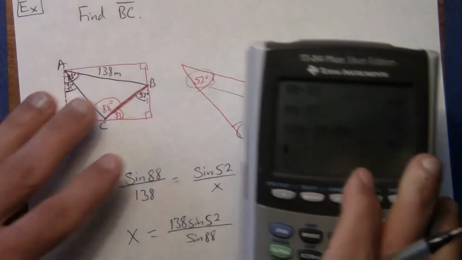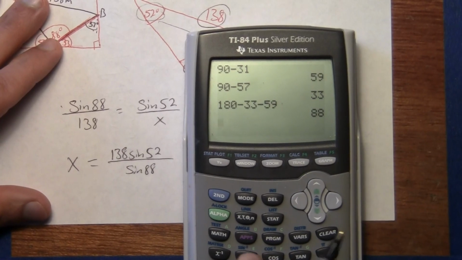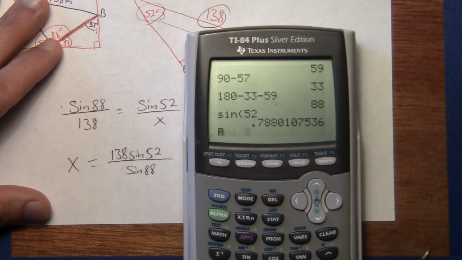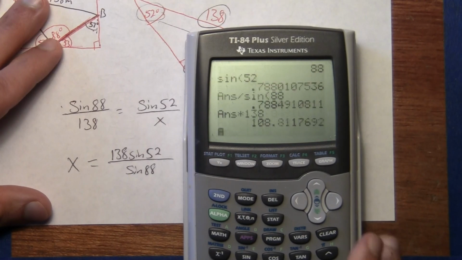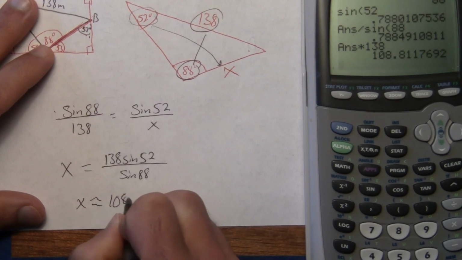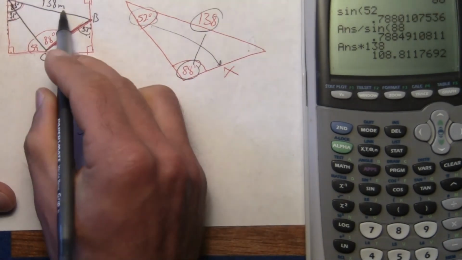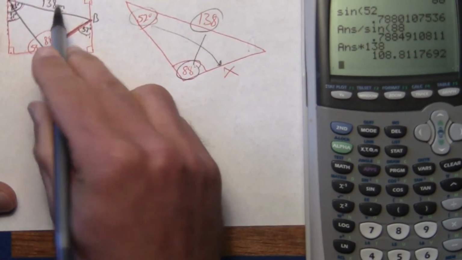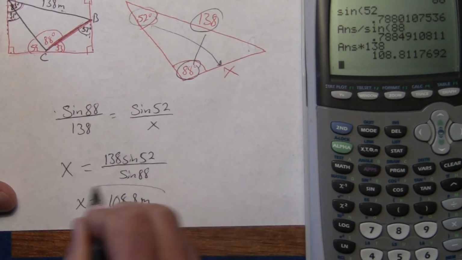I'll type that in my calculator, sine 52 divided by sine 88 times 138, and that gives me approximately a distance of 108.8. I'm assuming that means meters, I guess it could be miles, we'll just say m.